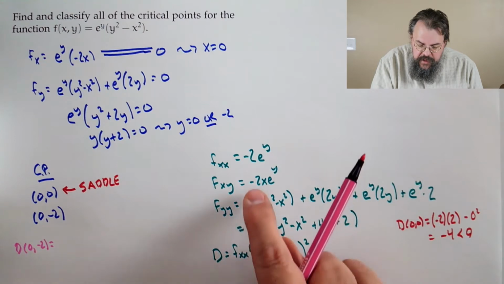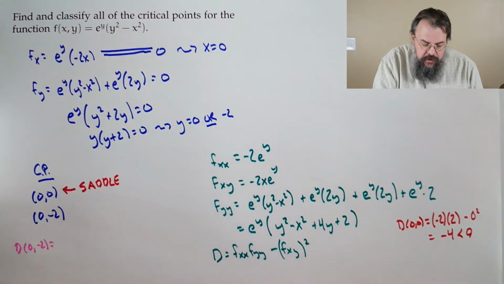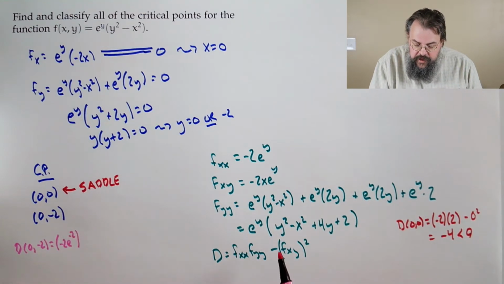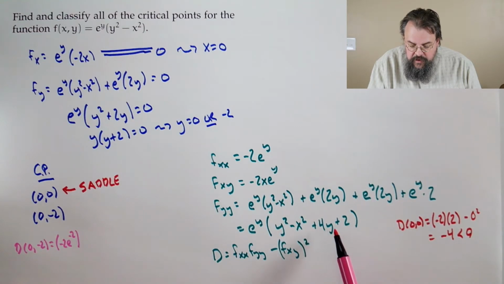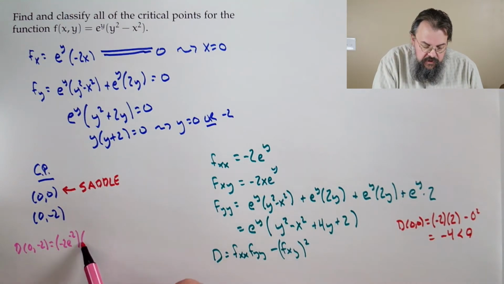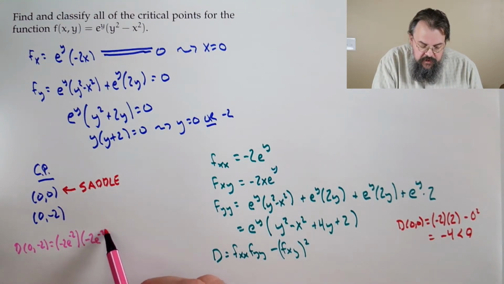D at 0, negative 2 would be what? Well, when we plug in 0, negative 2, we're going to get minus 2e^(-2). That's fine. Now here, when we plug in 0, negative 2, well, we're going to get 4 minus 0 minus 8 plus 2. Right? So 4 plus 2 minus 8 is a minus 2, e to the minus 2.